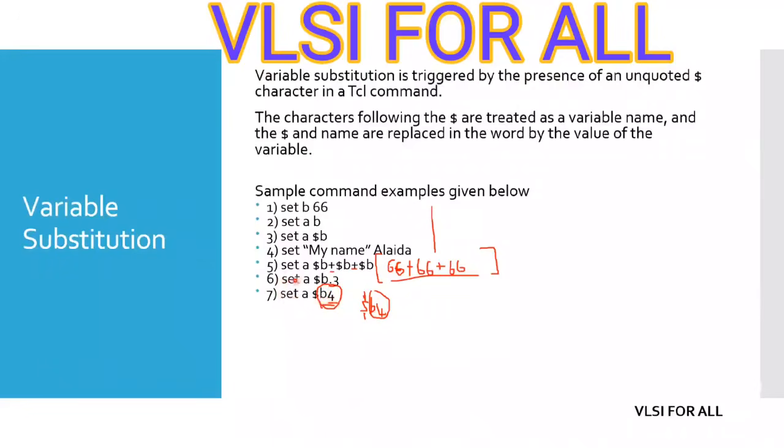There can only be 3 words in a set command, where the first word is your command, the second word is your variable, and the third word is your value. So none of these values has any space between them. If there is a space, then it has to be enclosed within double quotes, curly braces, or there should be a backslash character. If it's not there, then it is an error. Is that okay?